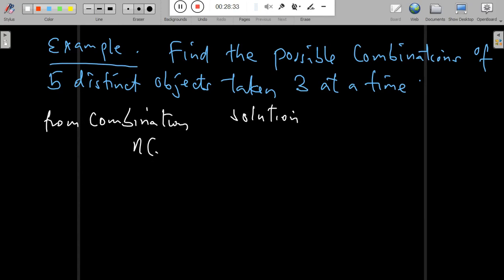From our combinations formula, nCr is equal to n permutation divided by r permutation times (n minus r) permutation, as you can observe.